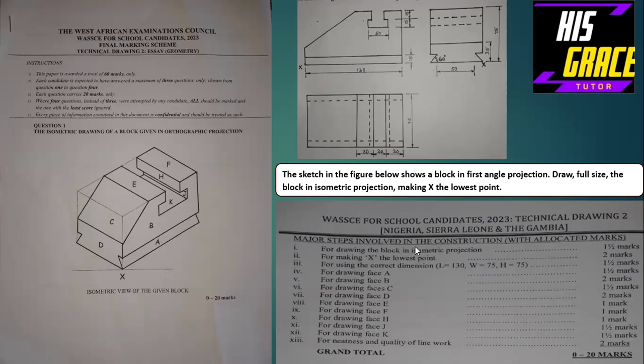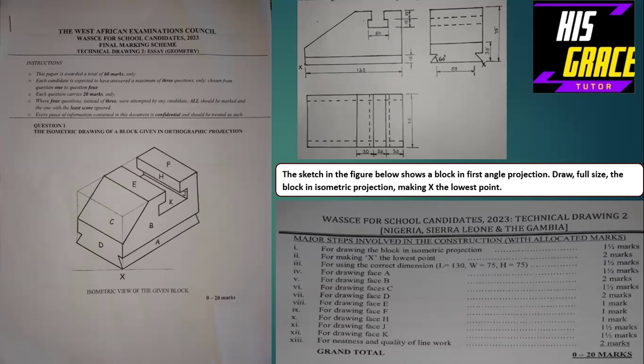There are major steps involved in the construction with allocated marks. The purpose of doing this is to make you aware of what you are expected to do, and for you to know the marks that may be awarded to every part that you have to make when you come across a question like this in WAEC.